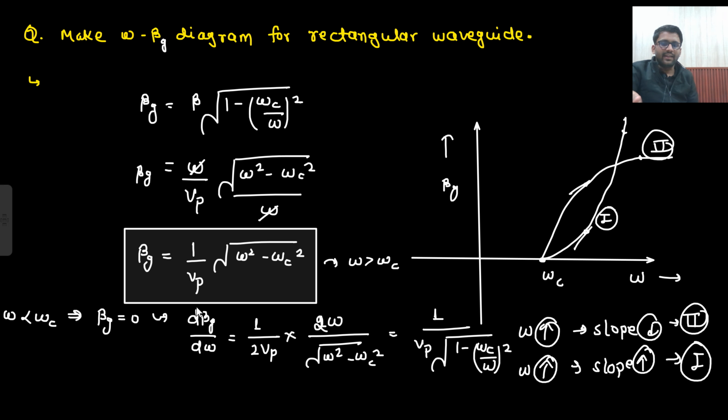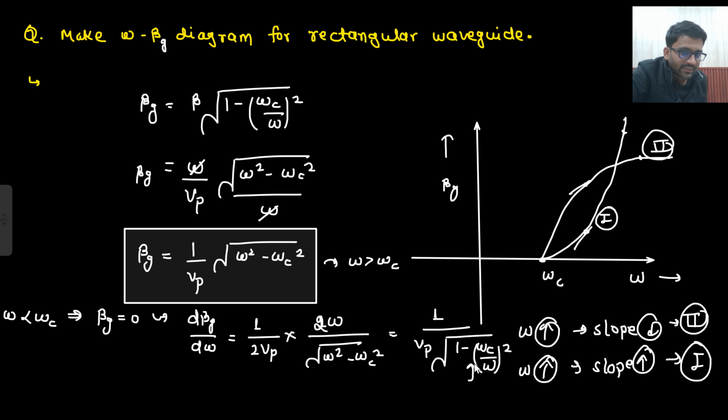Or you could have directly seen that this is d beta by d omega. This is our group velocity for guided medium, the reciprocal of the group velocity for guided medium, right? So what is the formula of group velocity? This is the formula. That formula you could have written directly, or you could have calculated the slope as well.